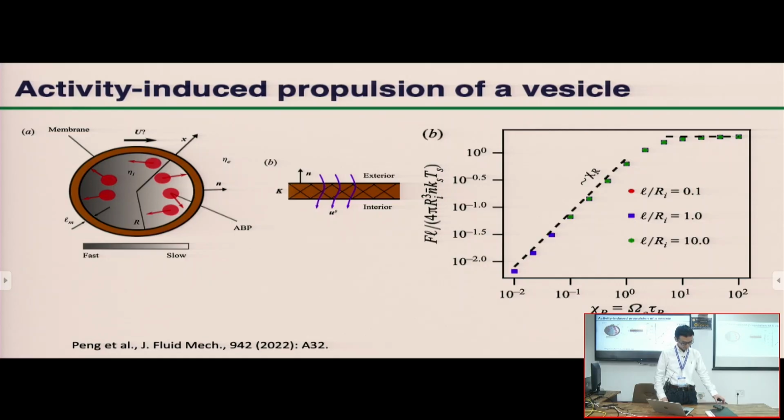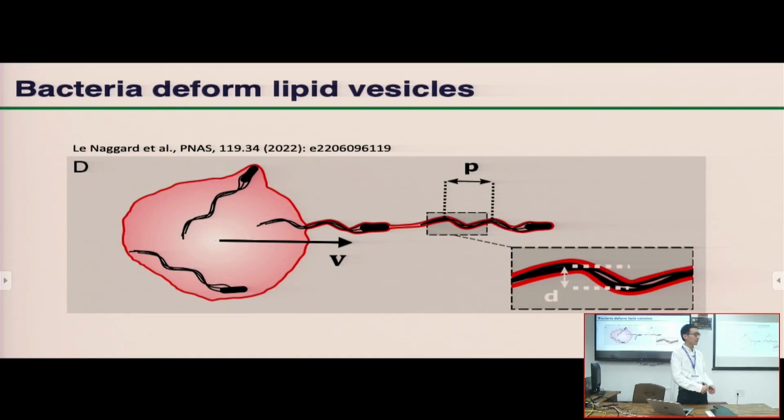Okay? And there's some other strange things that happen with this. Here's an experiment. I think some of you were talking about this case where you have bacteria in a lipid vesicle, and these guys are flagellated swimmers, so they are very active. They really deform the vesicle quite a lot. There's a tube that's being extended out of the vesicle, but they haven't broken the vesicle yet.